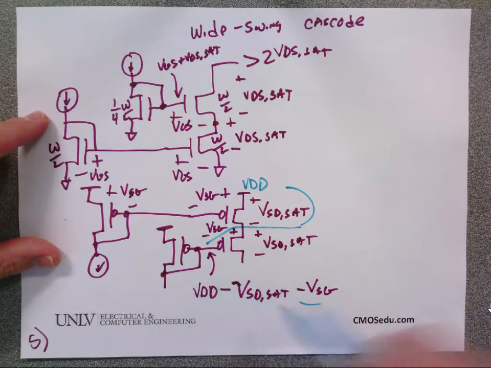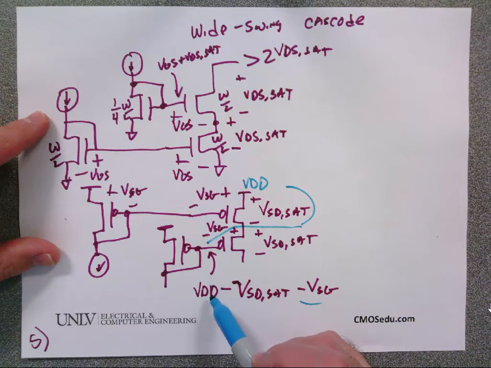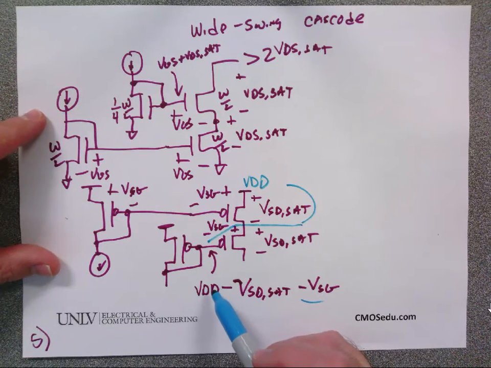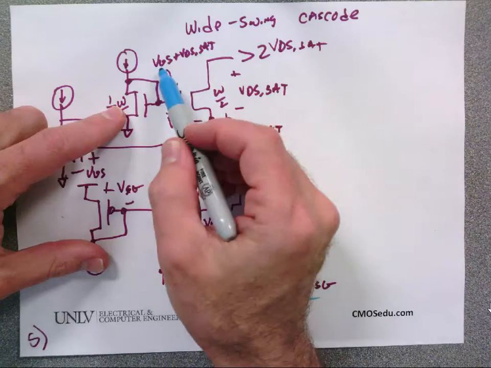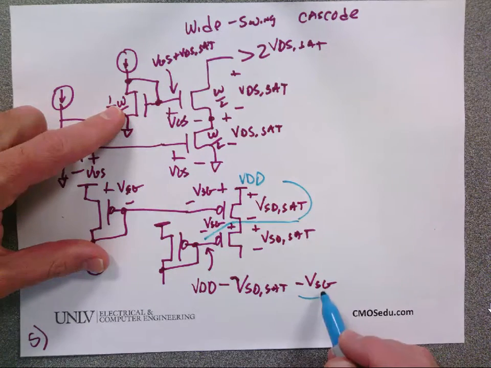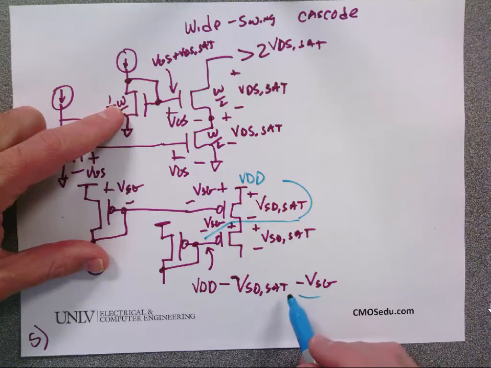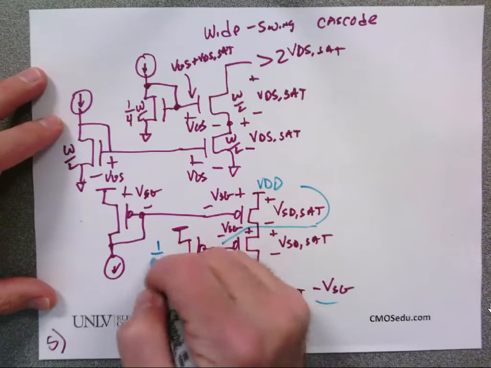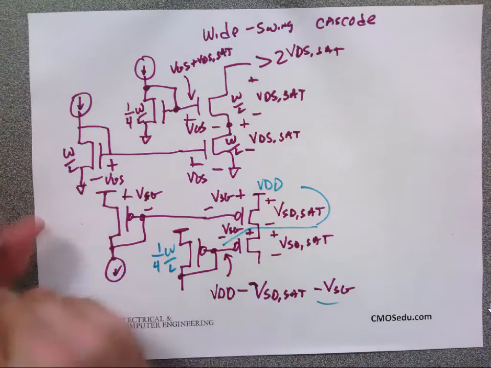It's the same thing for NMOS, except VDD is replaced with ground, which is 0, and then it would be VGS plus VDS sat, VSG plus VDS sat. Does everybody follow? So I make this guy 1/4 or 1/5 just to push it a little bit further out, so it's a little bit further away from the triode region.